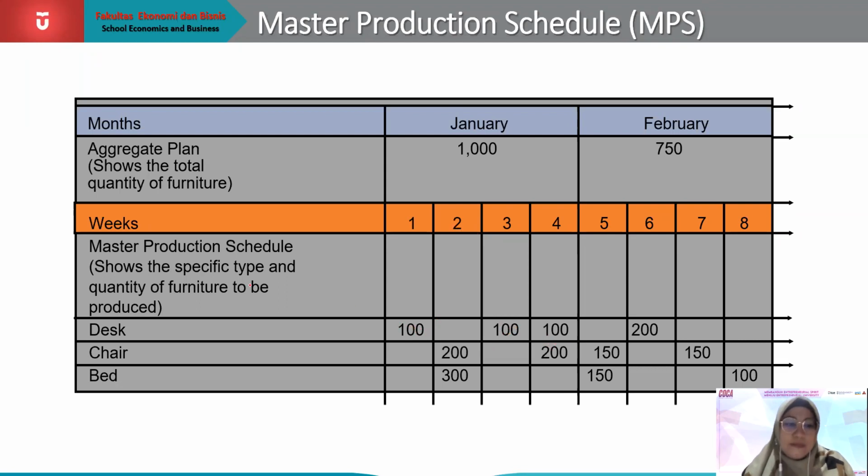For example, the demand for desks is needed in week 1 for 100, and also chairs in week 2 for 200, and then beds in week 2 for 300, and so on. So you can see in this picture, when we're talking about the MPS, the information is more detailed.